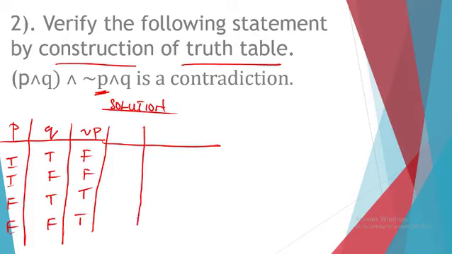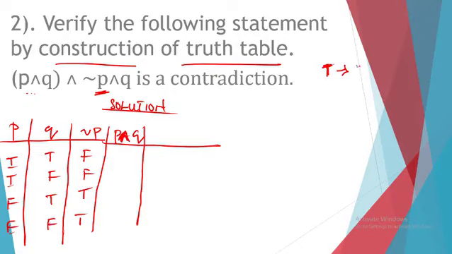The next thing we need to find is P intersection Q, that is, P and Q. P and Q is only true when all the values are true.